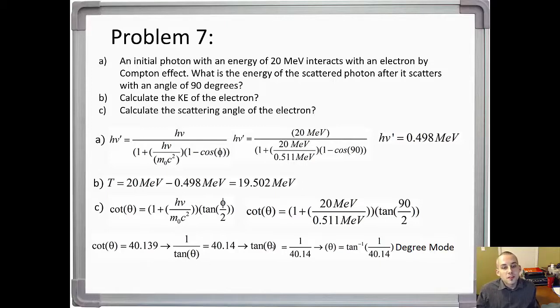So we can rearrange for tan theta. We'll move tan over, so that'll be the inverse of tan. So theta is equal to this, and now we can solve. There is an inverse tan on your calculator. Be careful and make sure that your calculator is in degree mode. And we get our answer, 1.43 degrees.